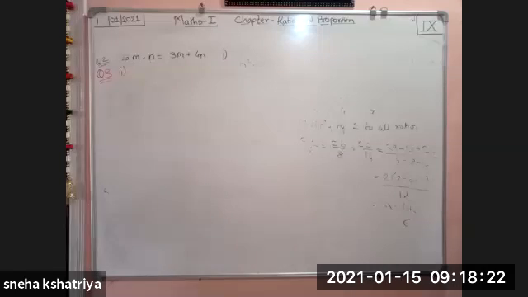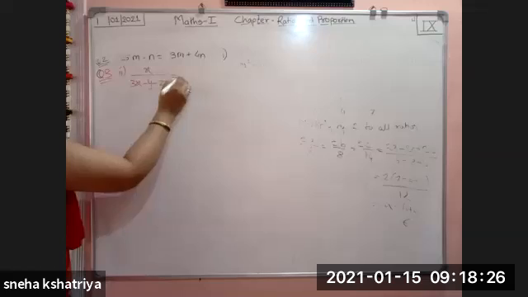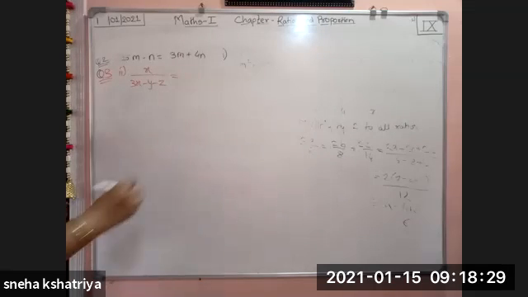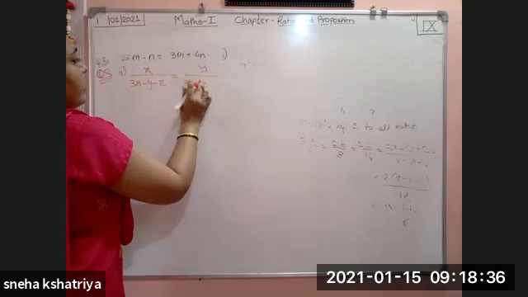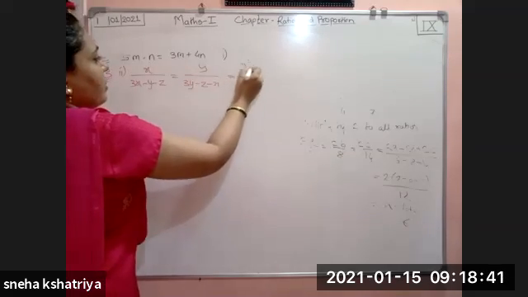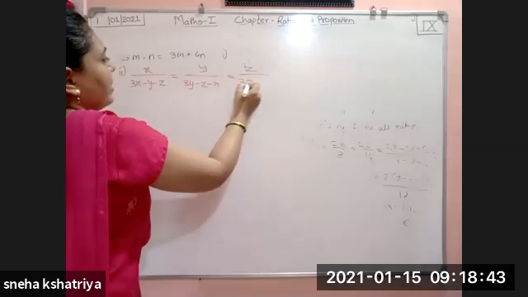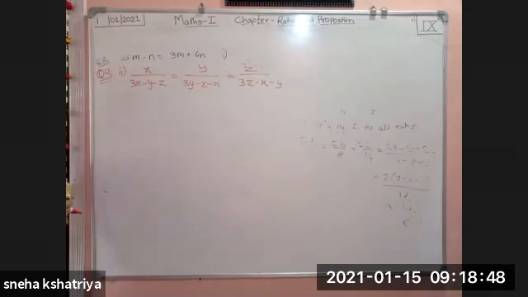The second sub question is: if x divided by 3x minus y minus z, which is equal to y divided by 3y minus z minus x, which is equal to z divided by 3z minus x minus y. Okay, so this is given, and x plus y plus z not equal to 0, then show that the value of each ratio is equal to 1.